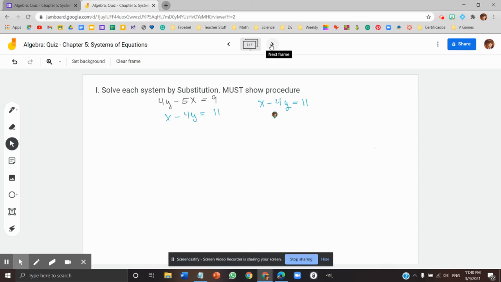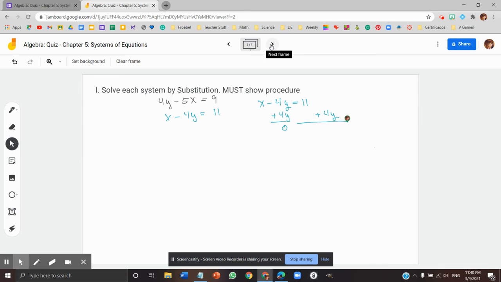So all I have to do here is add 4y, so I can cancel those two. Negative 4y plus 4y is 0. And add it to the other side, right? Because if I add something on one side, I have to add it to the other one to keep the balance in my equation.